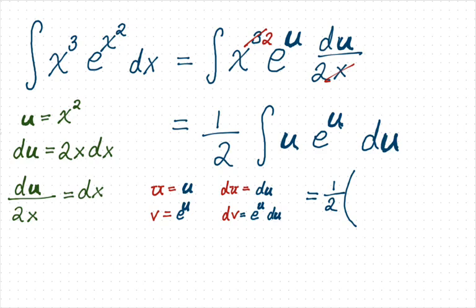So this is u times v, and u is just u. That's not confusing at all. Minus the integral of v du.